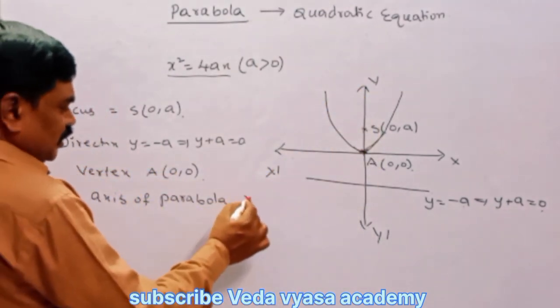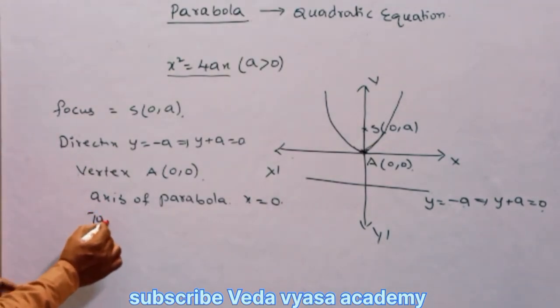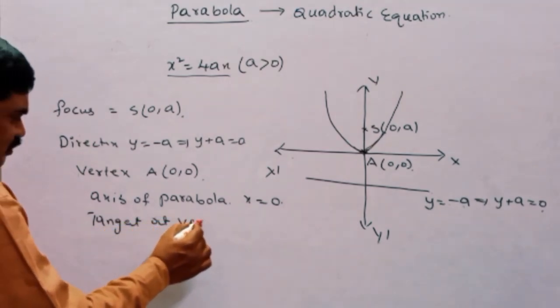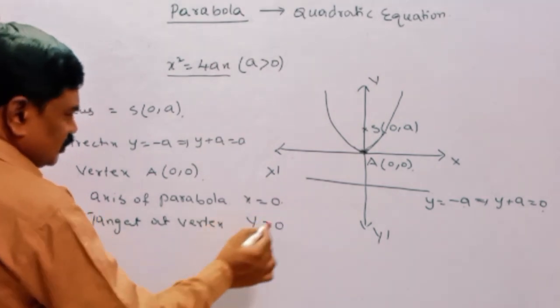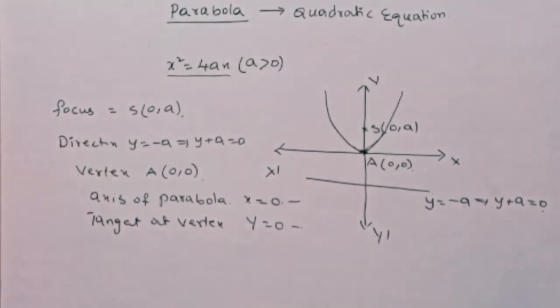Y axis, x is equal to 0, and tangent at vertex is y is equal to 0. This is y axis, this is x axis.